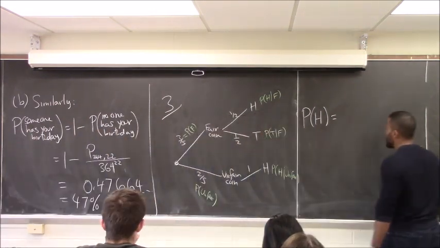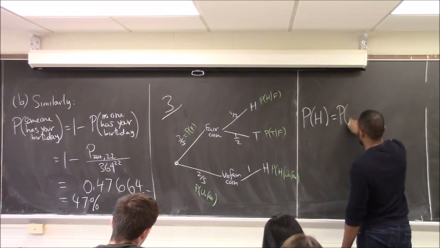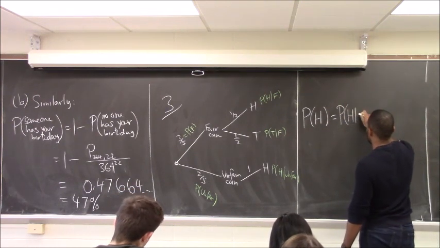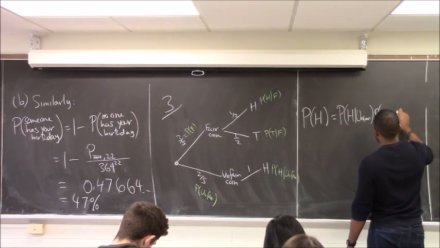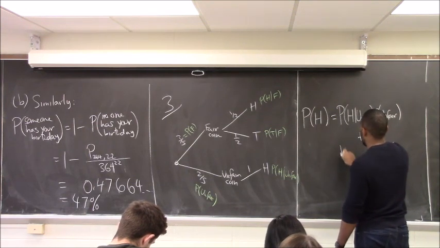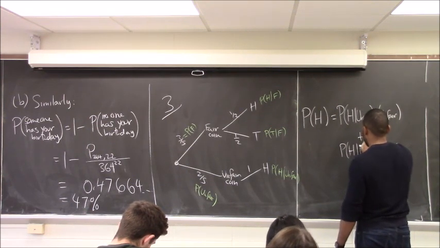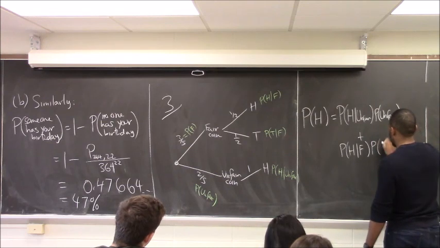So the probability of getting heads is: what are the chances that you'll get heads given that you chose the unfair coin, times the probability that you chose the unfair coin, plus the probability that you will get heads given that you chose the fair coin, times the probability that you chose the fair coin.